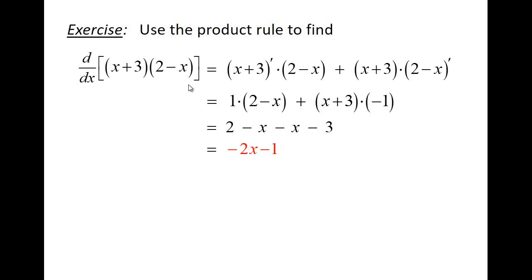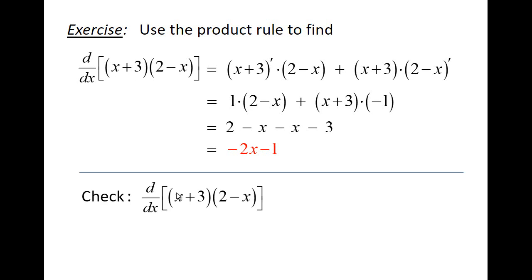Now instead of using the product rule, we could have found the derivative another way, which is we could have multiplied the two factors here first and then applied the power rule. So let's do that.